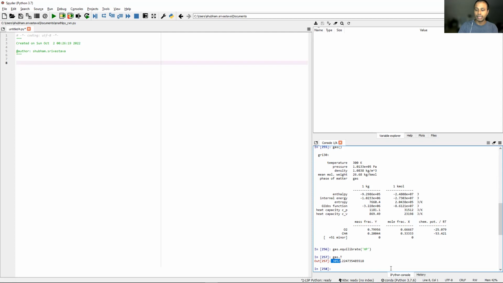This is the adiabatic flame temperature of this reacting system. We've held enthalpy and pressure constant. We've taken the reacting system of methane and oxygen to equilibrium point, and just by typing gas.T, the temperature that the equilibrium has attained, this is what comes out. So this is the adiabatic flame temperature.